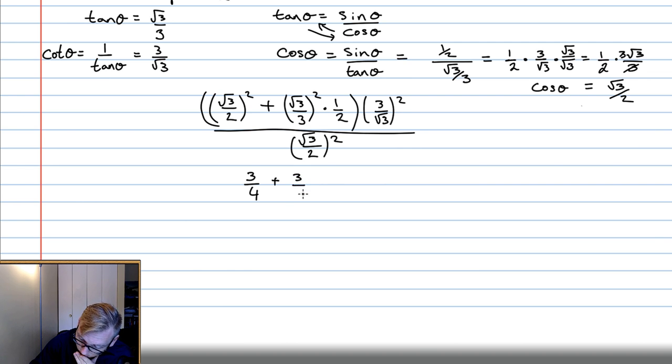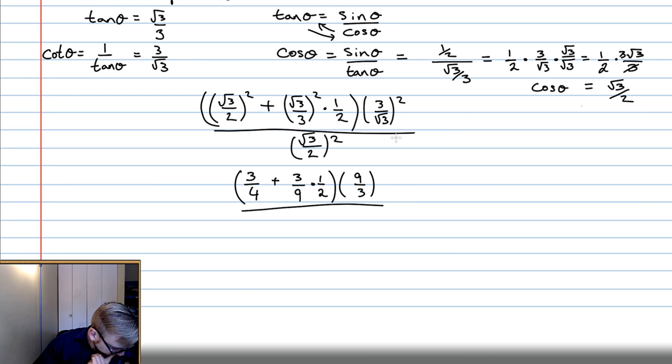We've got 3 over 9 times 1/2. And then we've got 9 over 3. And then on the bottom we've got 3 over 4.